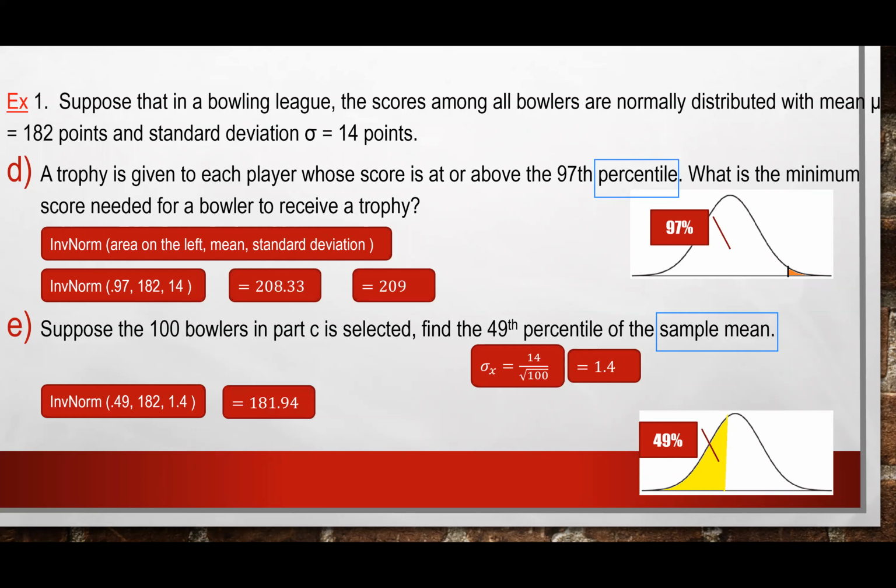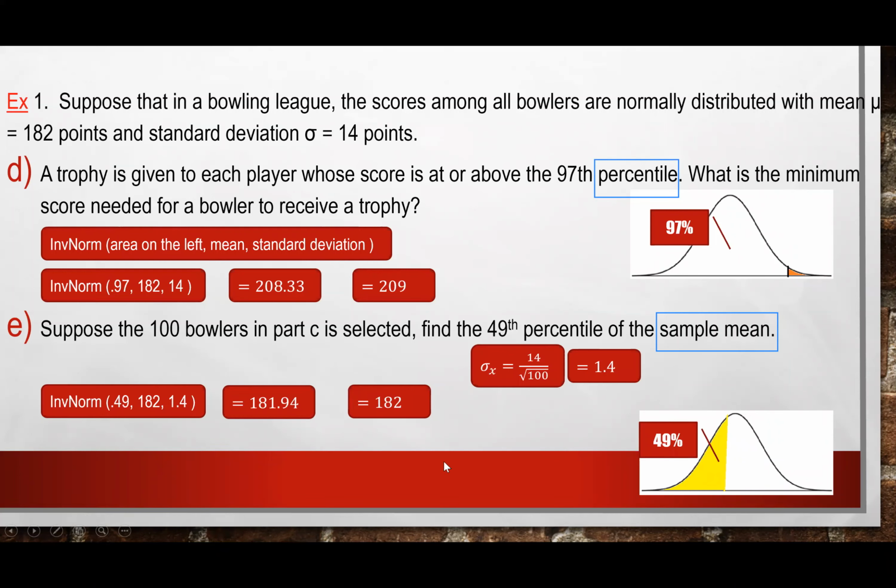I need to score 181 point something to be considered a 49th percentile. And you probably say, wait a minute, Mr. Tran, 182 is the same as the mean. Because we have to round, that's why it's the same as the mean. But the actual number is 181.94.